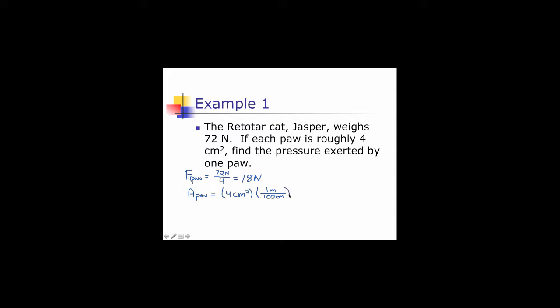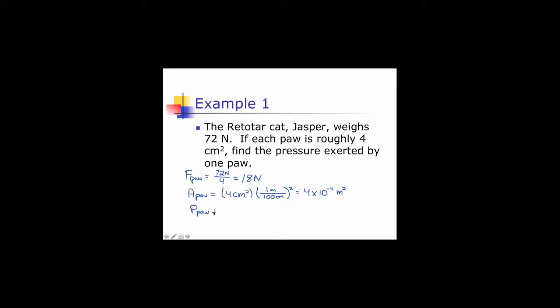But you notice we have centimeters squared, so we have to square this. So in terms of square meters, it's 4 times 10 to the -4th square meters. Now we can find the pressure exerted by a single paw.